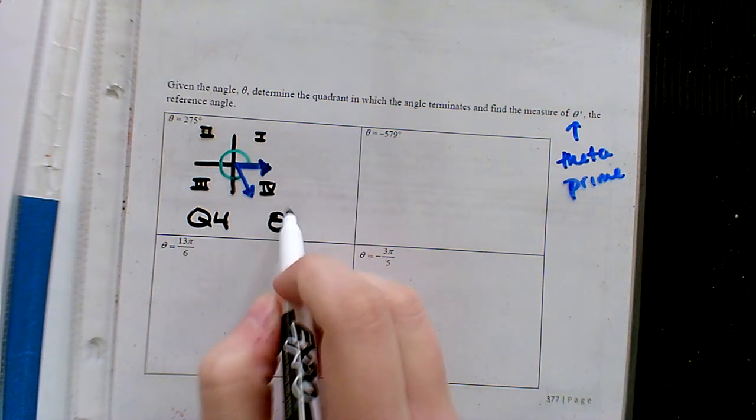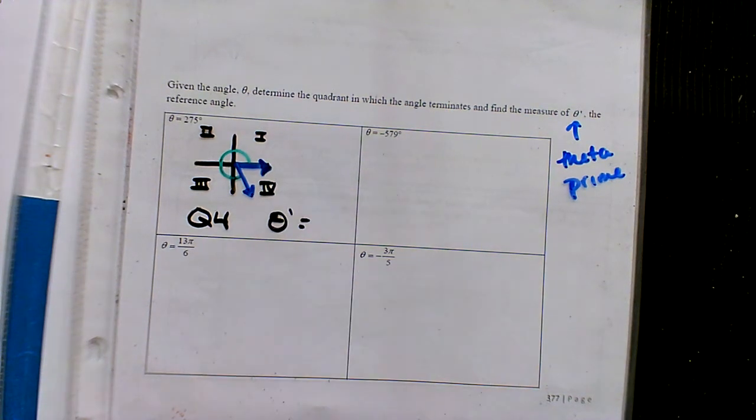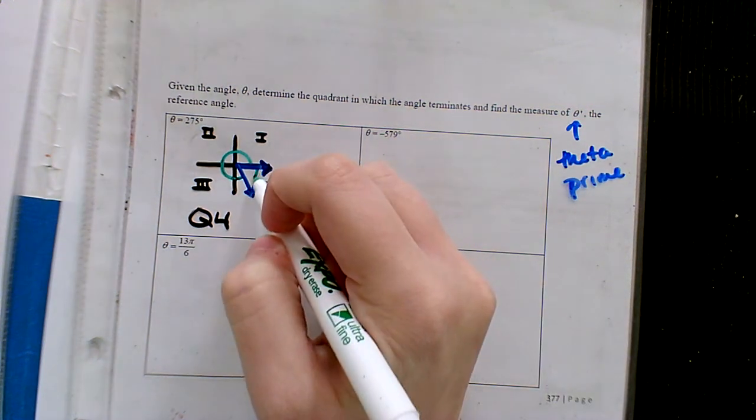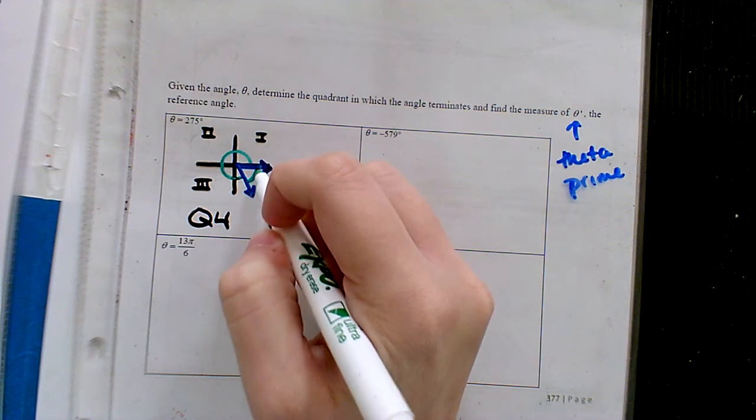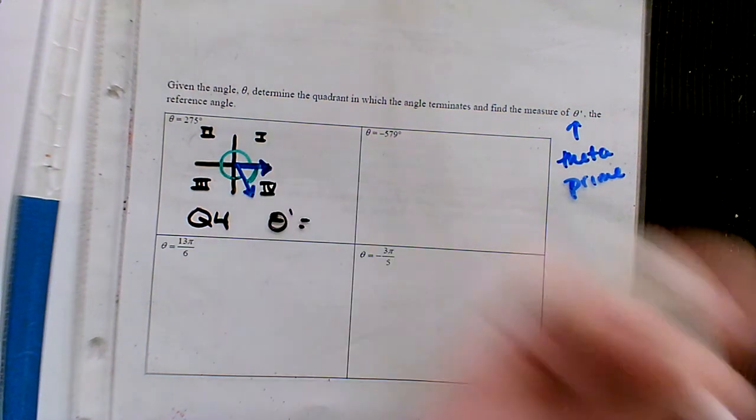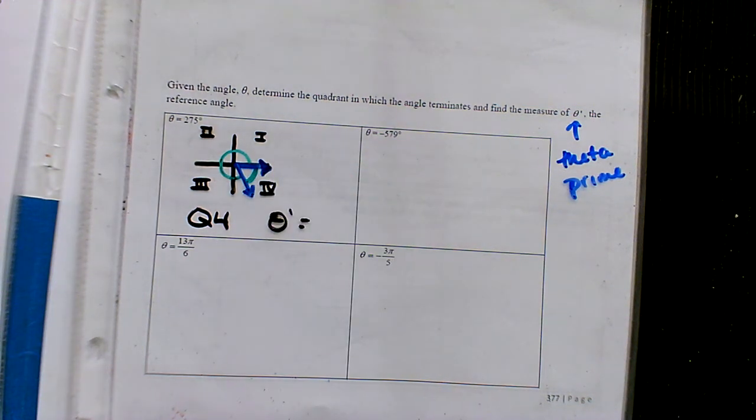Let's also try to figure out theta prime. That is the reference angle, the angle measured to the closest x-axis. So in our drawing, the reference angle would be this angle right here. Can we try to figure out what that measurement is? Remember, it should be less than 90 degrees.